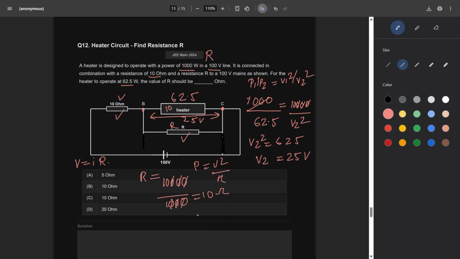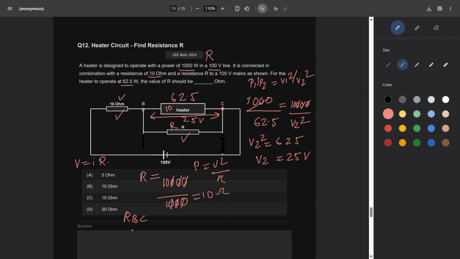So then we need the voltage, so we need R, right? So we will take RBC. We will be taking RBC, and then we have 10 here.